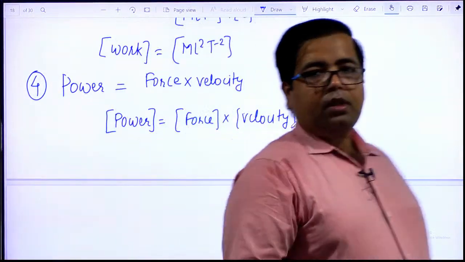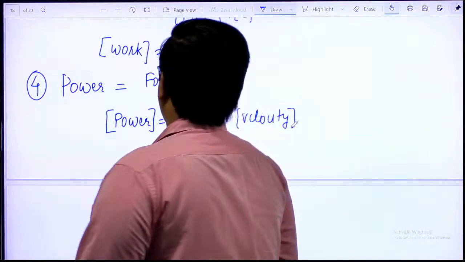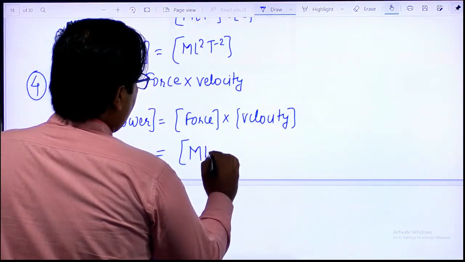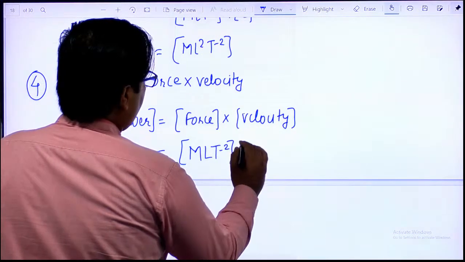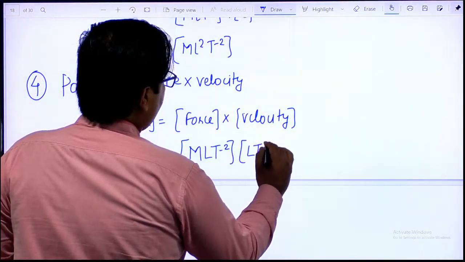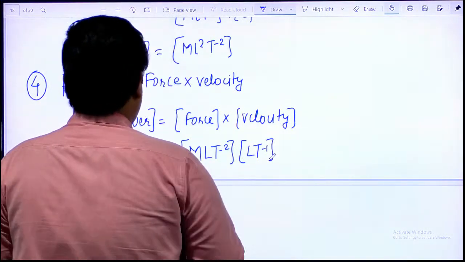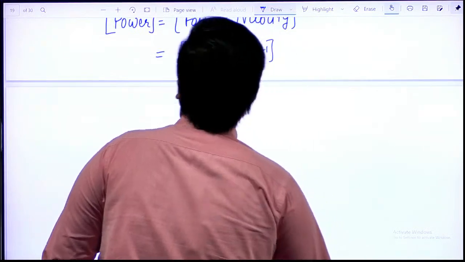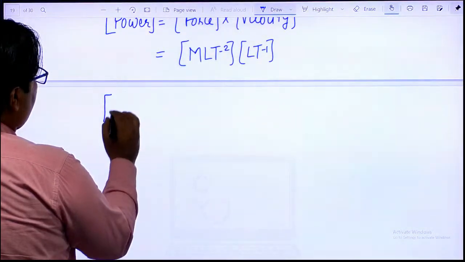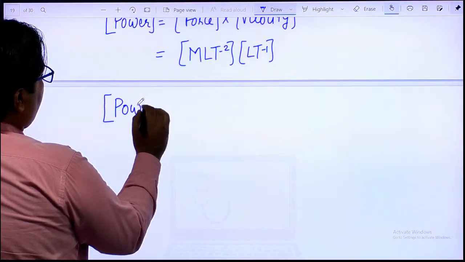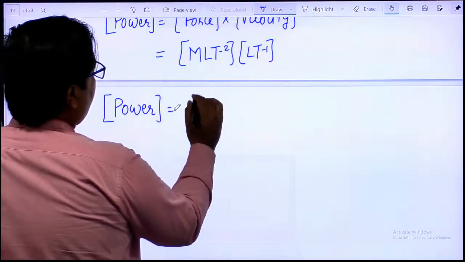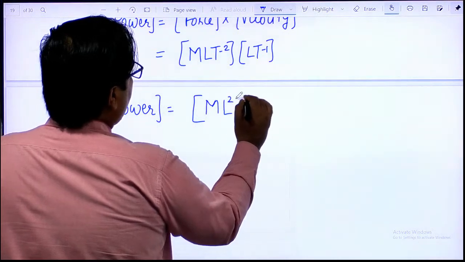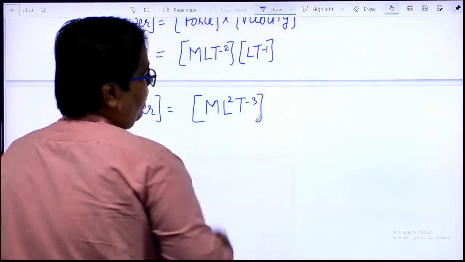Force is M L T to the power minus 2 and velocity is L T to the power minus 1. So the dimensional formula of power becomes M L squared T to the power minus 3.